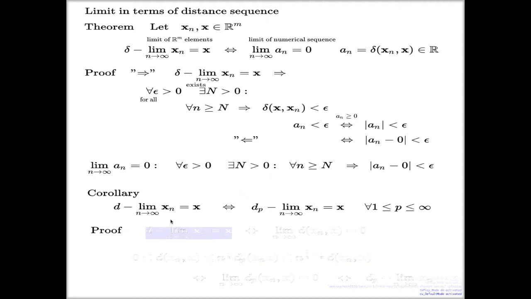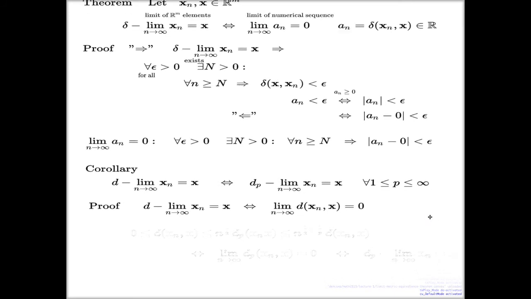It's a very simple application of this theorem. Look at this. I take the left-hand side in this equivalence, and I say, by the first part, this is equivalent to, if I restate this in terms of the metric sequence, in terms of this a n sequence, that's how it will be. It's a numerical limit. I need to scroll it up a little bit.